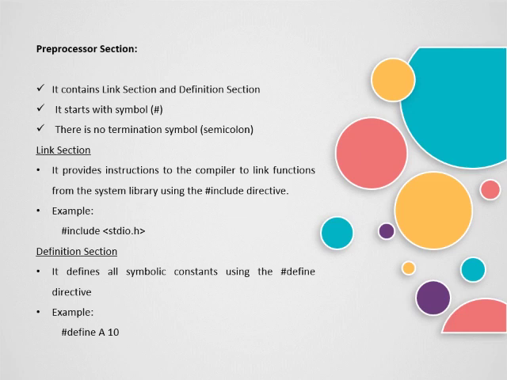This stdio.h is the standard input output library file, and it is linked to the C program using this link section. The definition section defines all the symbolic constants. It uses the hash define directive for defining the symbolic constants. For example, hash define a 10. Here a is the symbolic constant and 10 is the value assigned to that a.